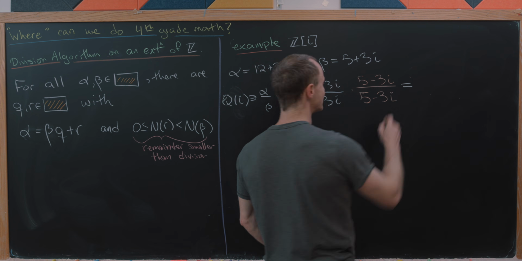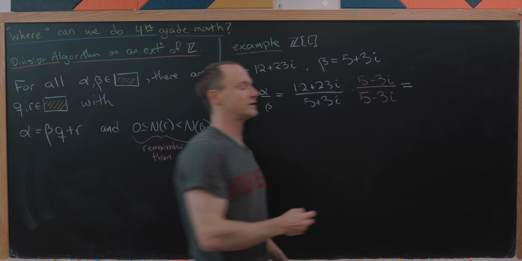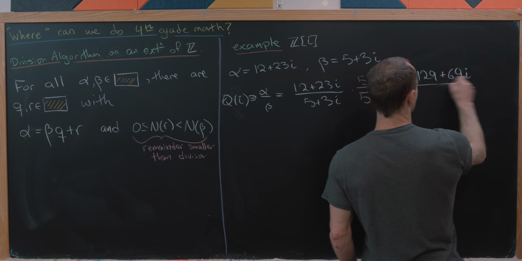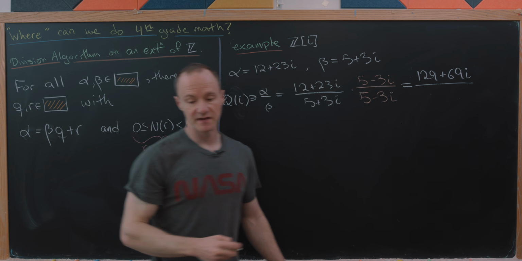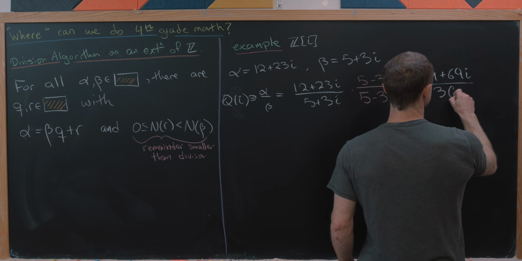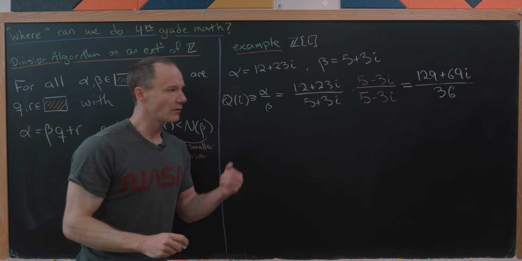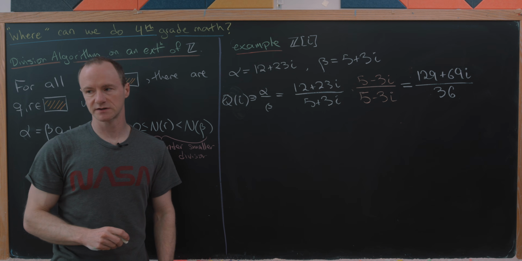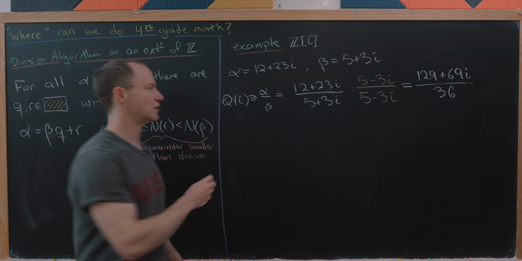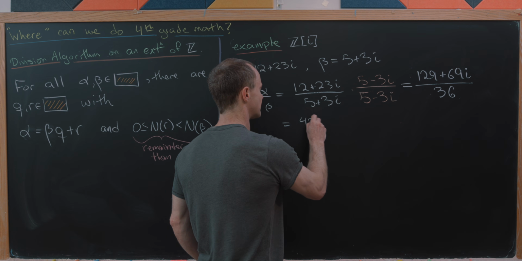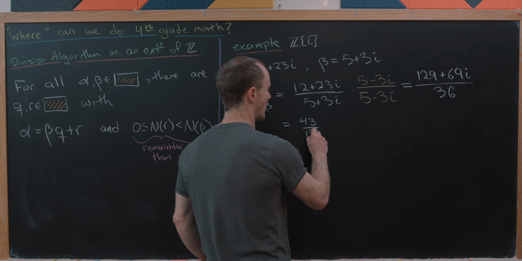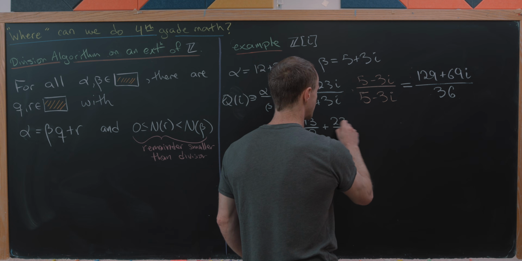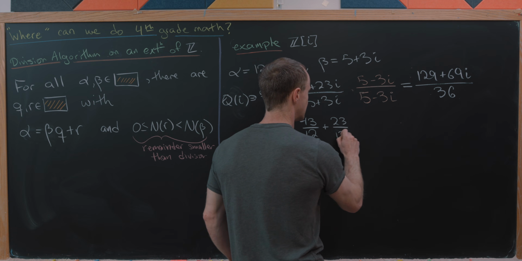Okay, so after doing that product, you'll see that you get 129 plus 69i in the numerator, and then in the denominator, you'll get 36. But now what we can do is split this into a real and an imaginary part, and also put these fractions in lowest terms. So this gives us 43 over 12 plus 23 over 12 times i.